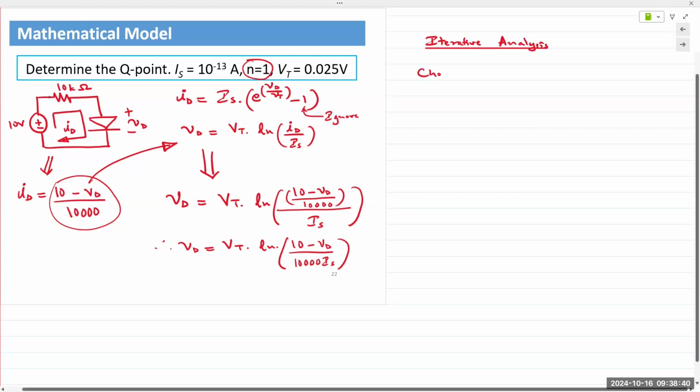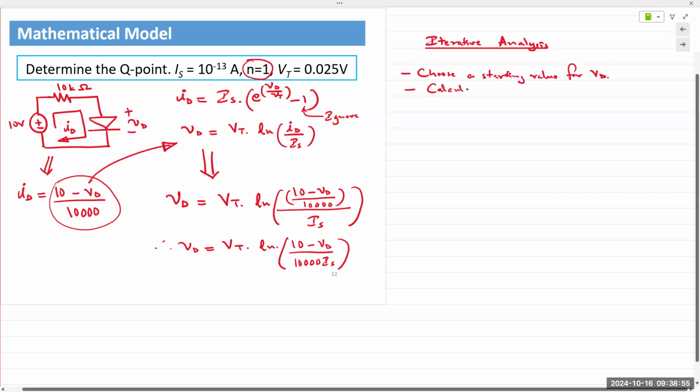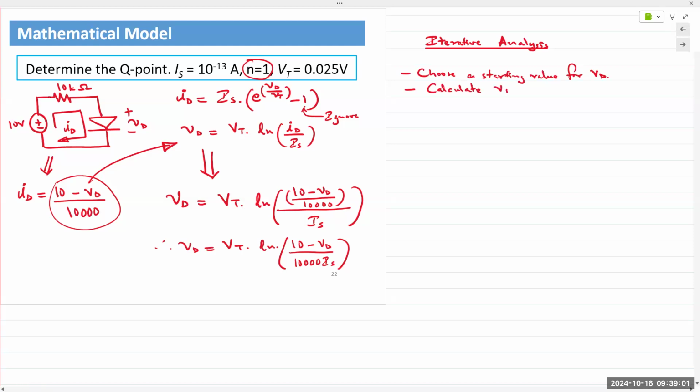So choose a starting value for VD. Then calculate VD. This statement by itself in isolation would not make sense. Choose a value for VD and then calculate VD. Okay, but you're choosing a value for VD for the right-hand side, calculating it, and then matching it on the left-hand side. Calculate VD.